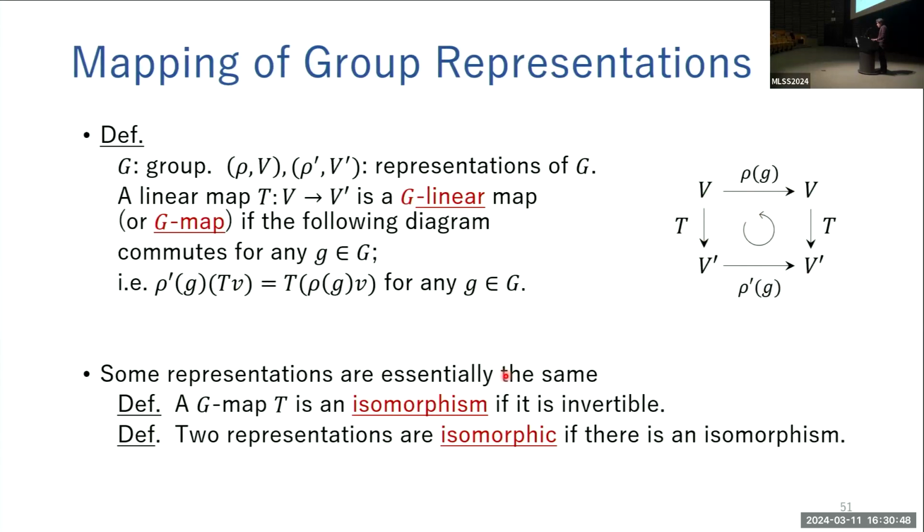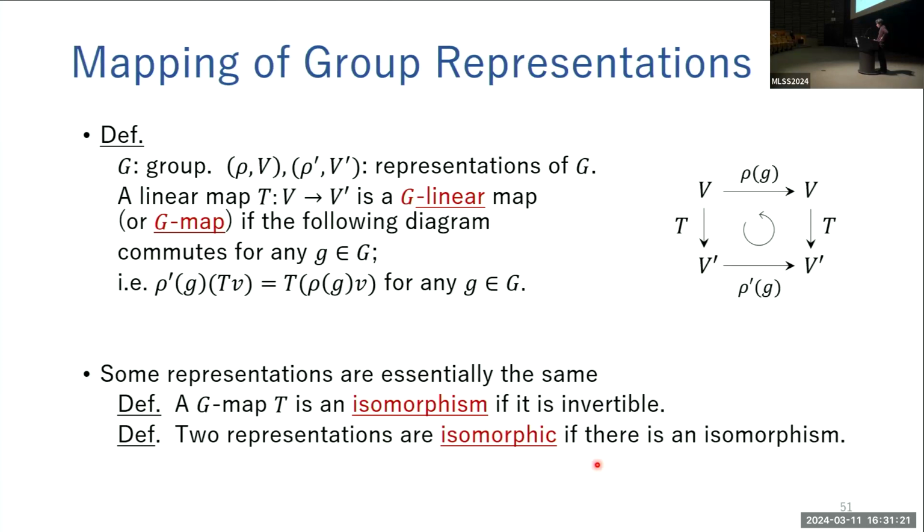Okay, so if the G map T is invertible, which means that this is an isomorphism of the vector spaces, obviously, but a linear mapping is invertible only if V and V prime have the same dimensionality, and it is injective and surjective. Then this is called an isomorphism of G maps between the two group representations.